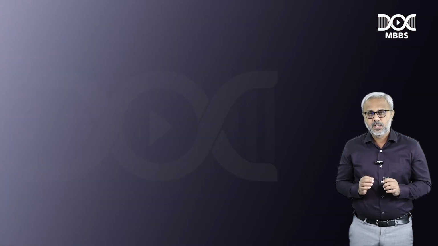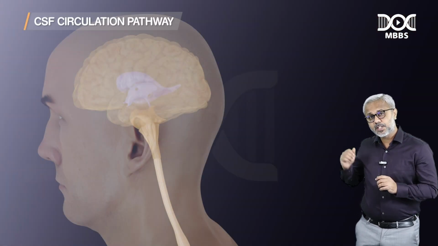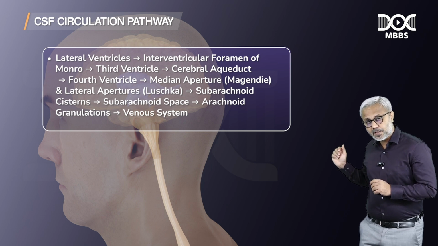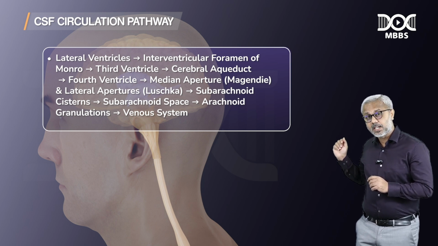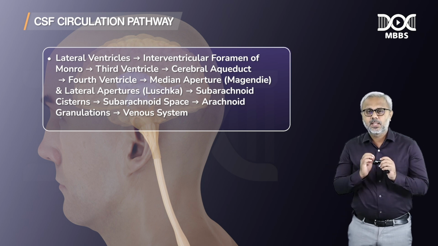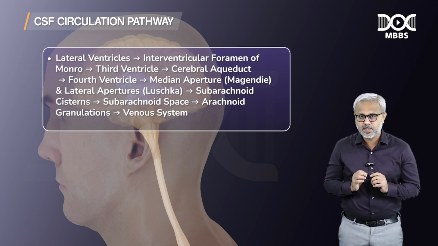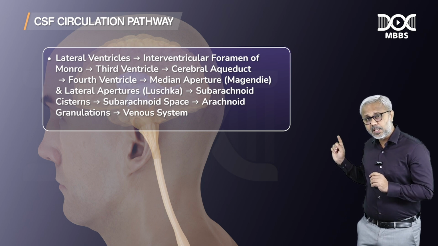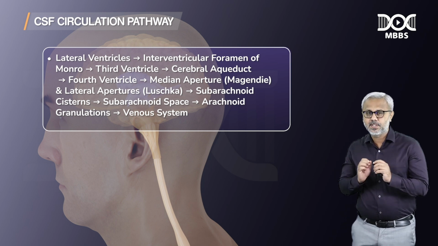So this is how CSF, which is produced in the lateral ventricle, reaches the third ventricle, then reaches the fourth ventricle, and from the fourth ventricle it comes out through these apertures in the roof to enter into the spinal subarachnoid space. One more continuation or communication is that the fourth ventricle communicates further down as the central canal.